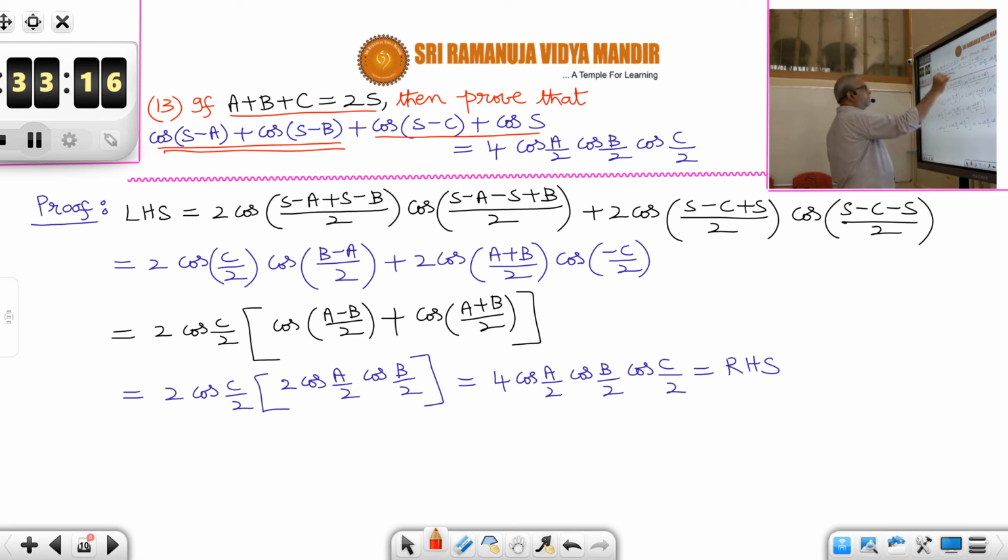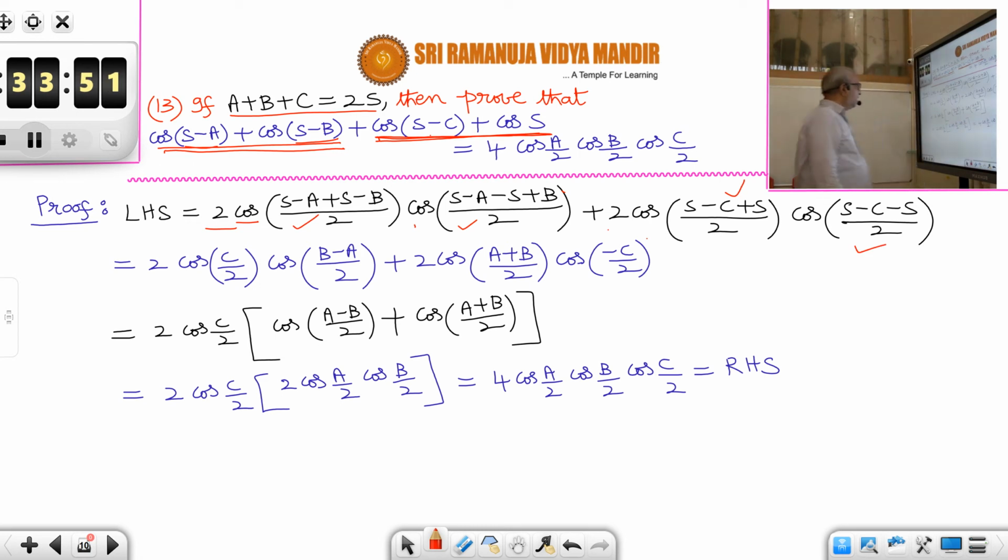So 2 cos of s minus a plus s minus b by 2, cos of s minus a minus of s minus b, so minus s plus b by 2. Okay, this is also okay. Similarly, same transformation I am using here also for the third and fourth terms: 2 cos s minus c plus s by 2, cos s minus c minus s by 2.